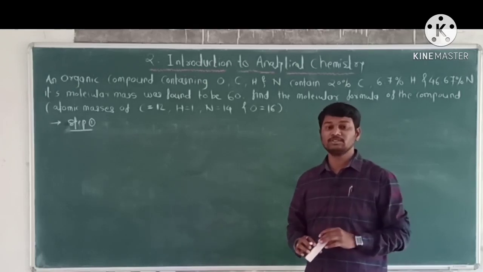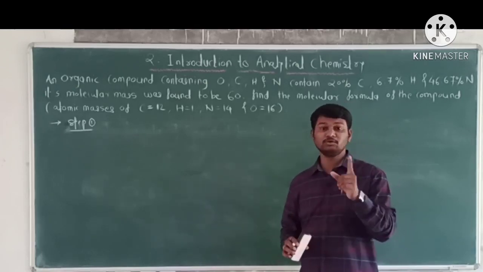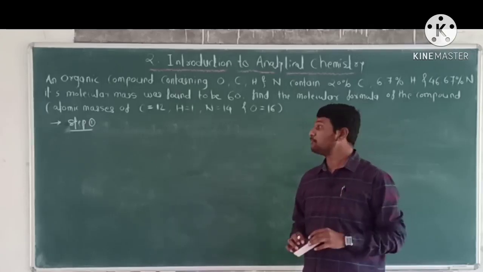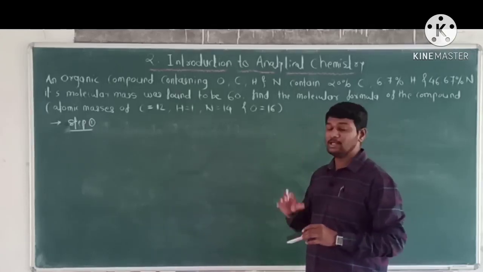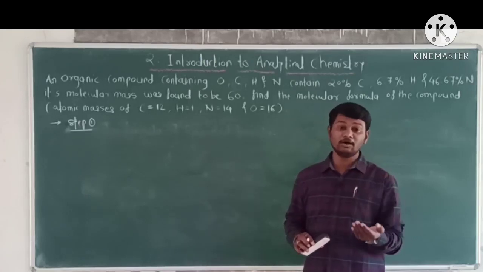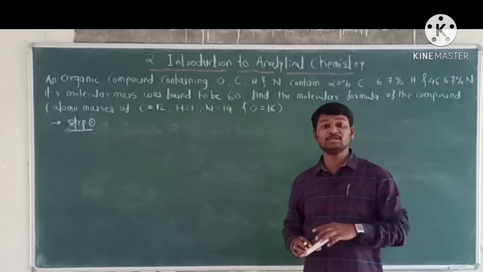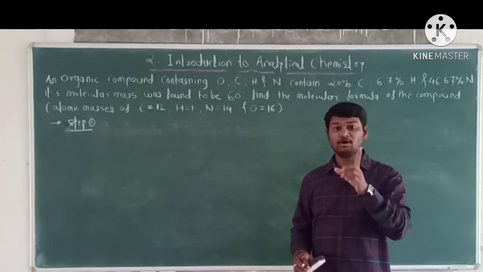If the sum of percentage of all elements is equal to 100, then oxygen is absent. If the sum is less than 100, or not equal to 100, then oxygen is present, and the remaining percentage is the percentage of oxygen.